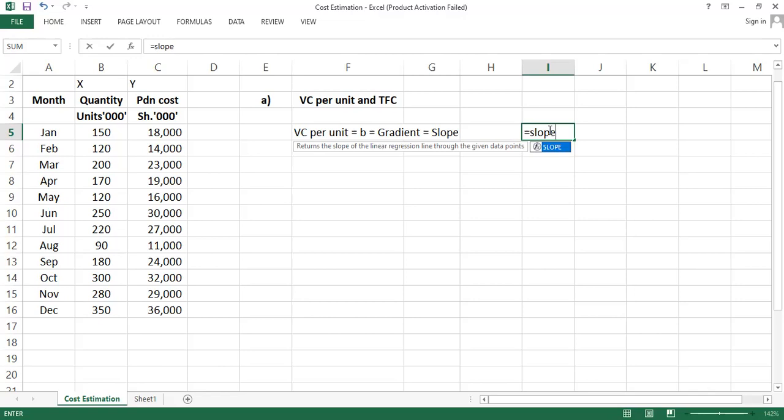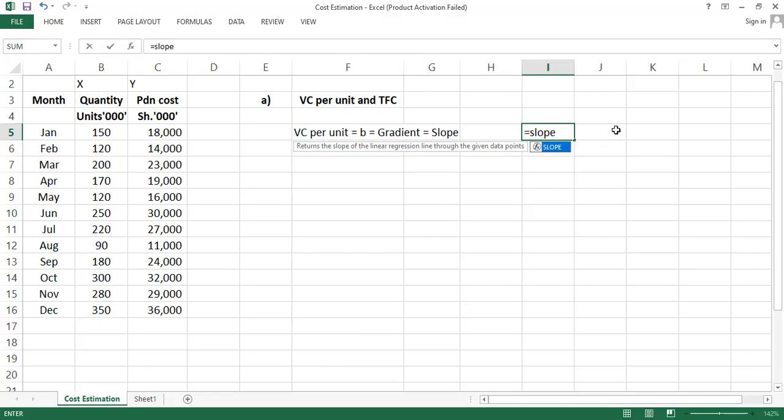Under management accounting, we shall be looking at regression functions. And one of the regression functions is this, which we call the slope. So if you want to compute anything based on a function in Excel, like now we want to compute the slope as a regression function, then start with an equal sign, type slope.